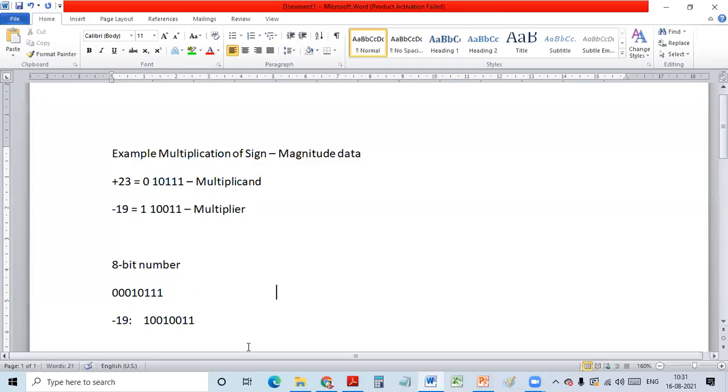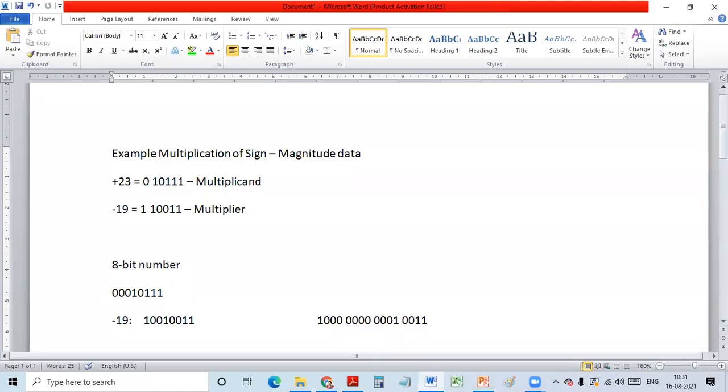Similarly, if I want to store it into a 16-bit register, how will it be? The remaining extra 8 bits will be zeros only. Most significant bit is 1, remaining bits are zeros. Am I clear?